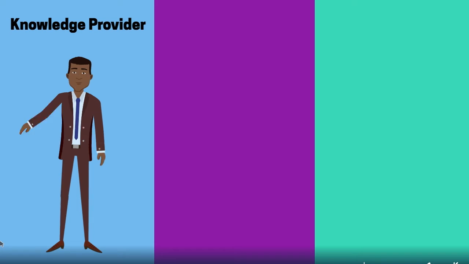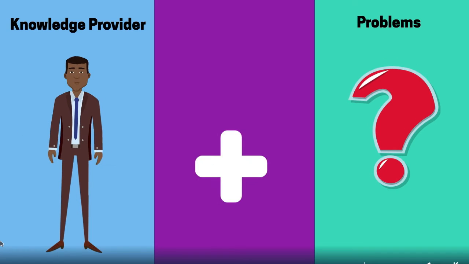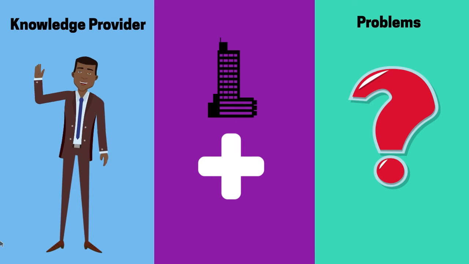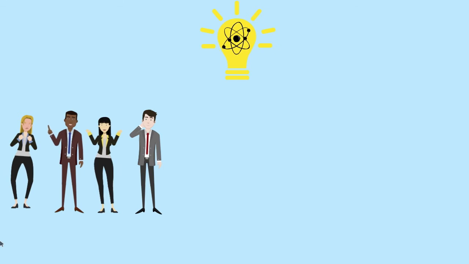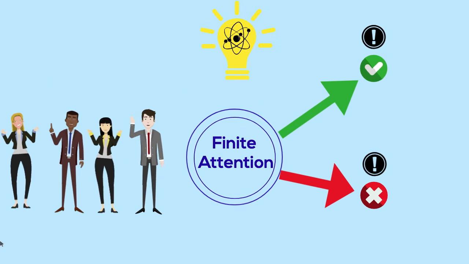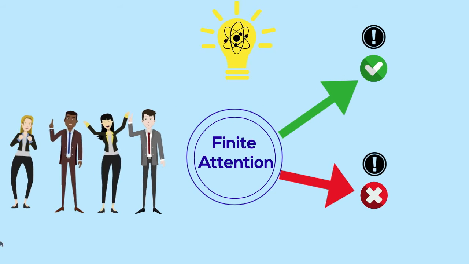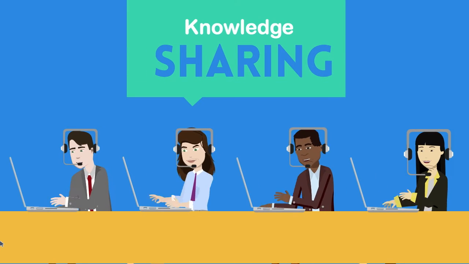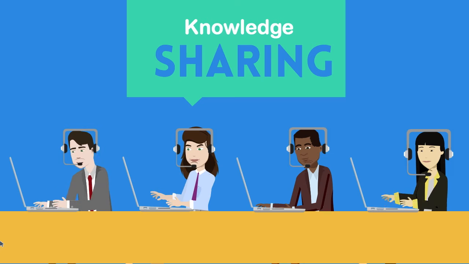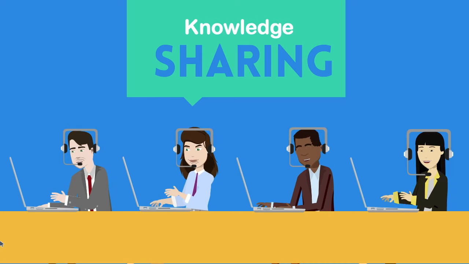Another study we reviewed focused on the knowledge provider problem matches within a multinational engineering company. The idea behind this theory is that employees within an organization will allocate their finite attention to some problems but not to others. Knowledge sharing within international companies can take place in many ways in today's fast-paced, interconnected society.